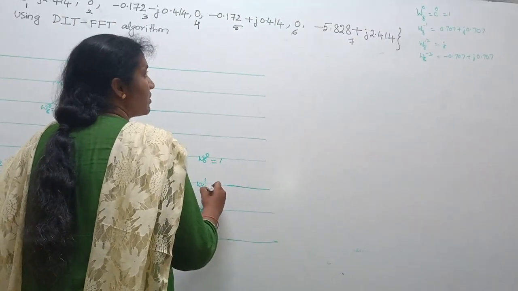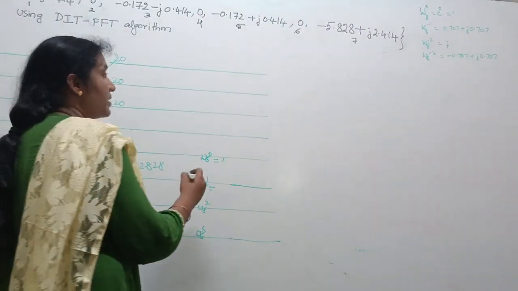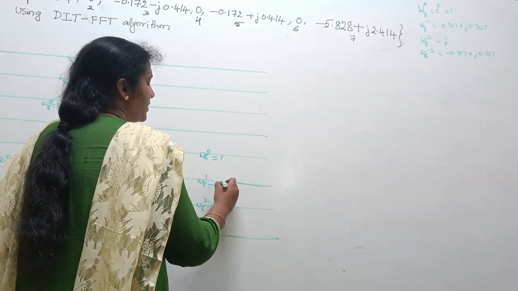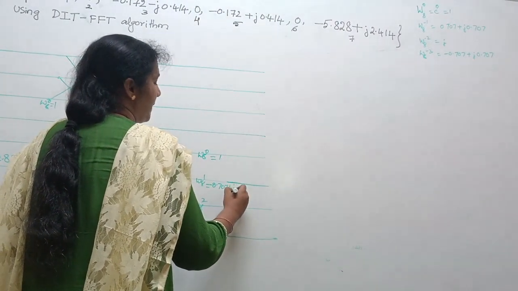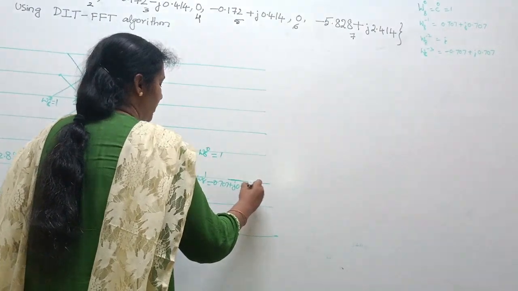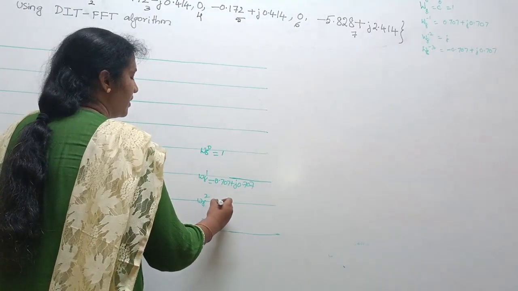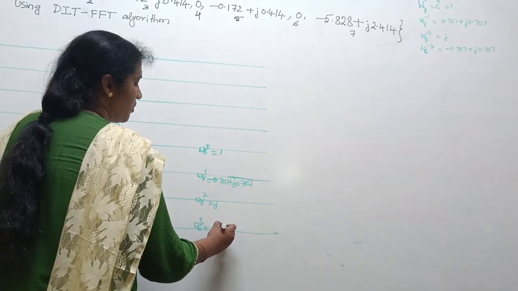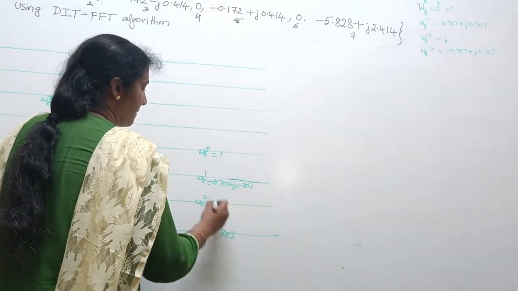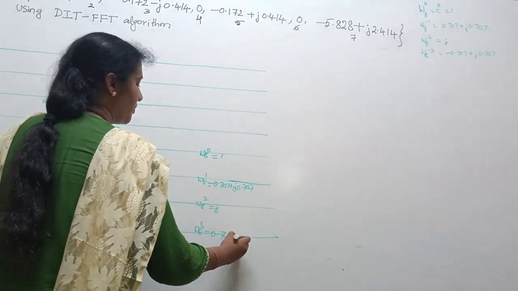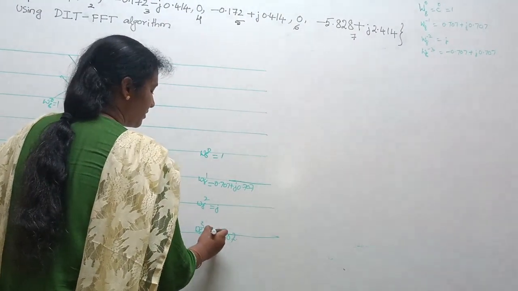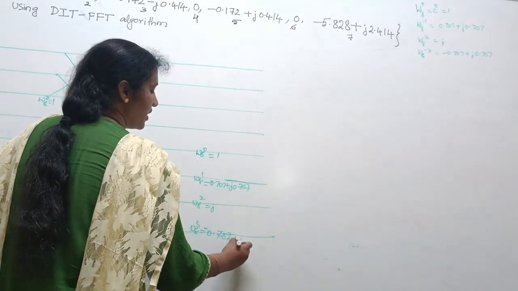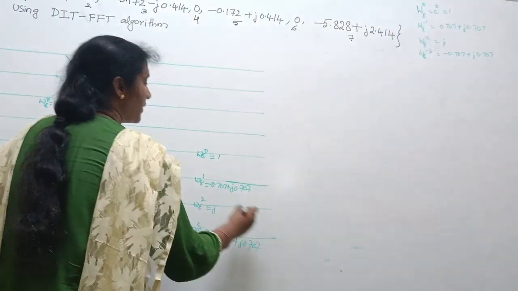So we will get the values like this: W8 power 1 is 0.707 plus j 0.707. And next you have to multiply with j, and here you have to multiply with 0.707. That means minus, you will get plus j 0.707.